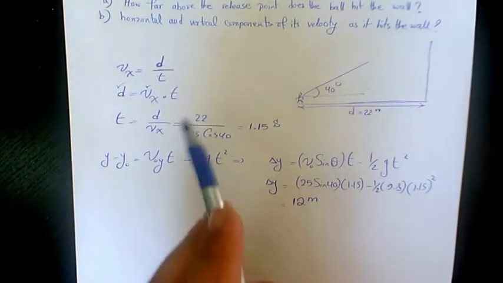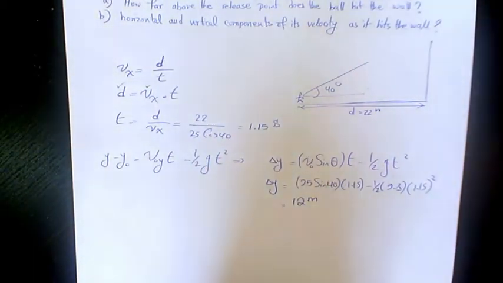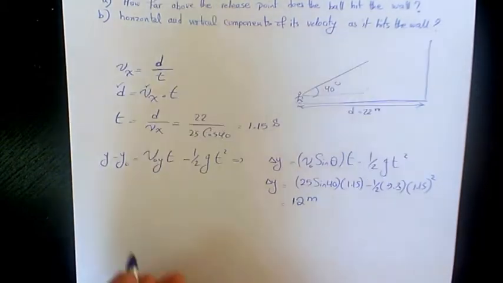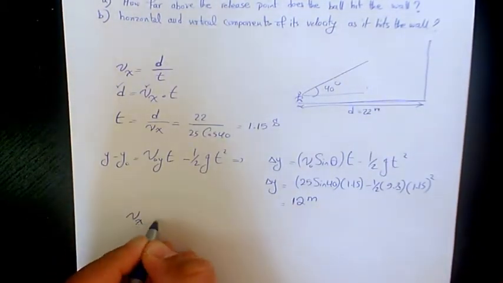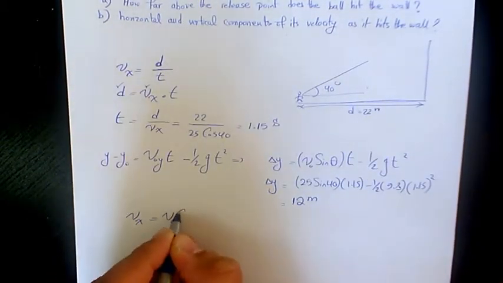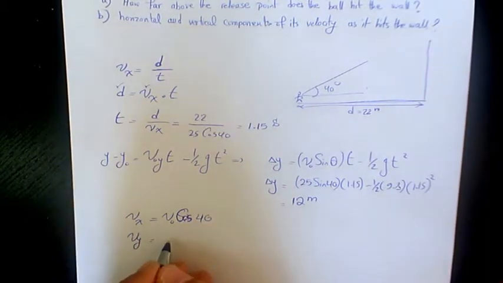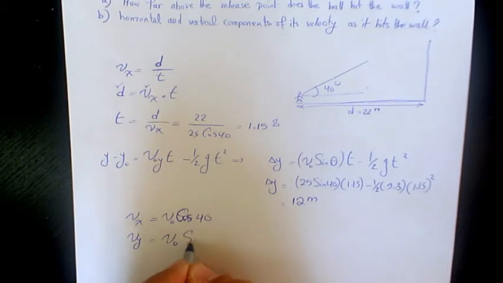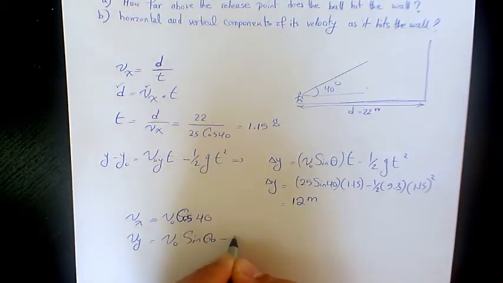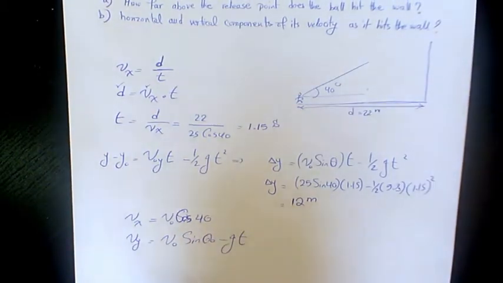And in the next part, we need to find out the horizontal and vertical components of its velocity. So Vx equals V naught cosine 40, and Vy is going to be V naught sine theta naught minus gt. That's how we find the horizontal and vertical components of velocity in the end.